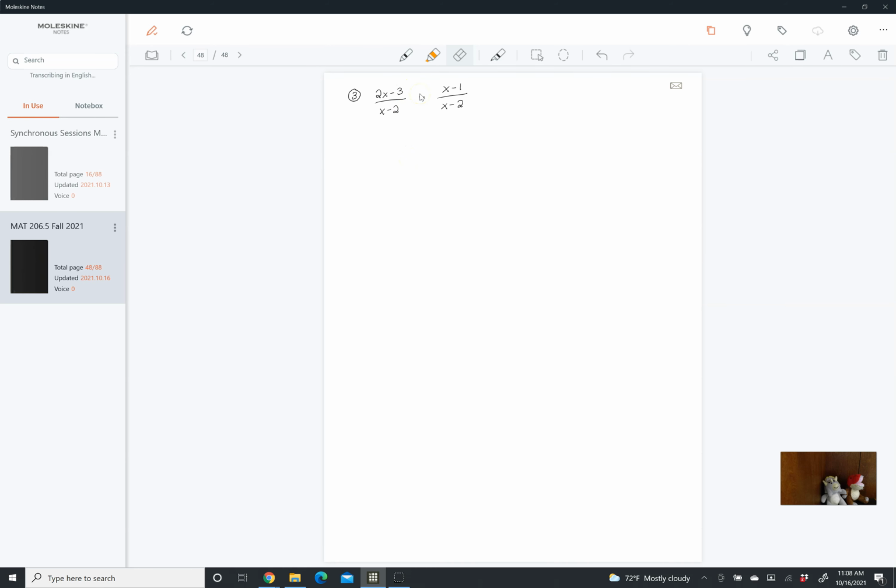We can just subtract. Okay, well, keep in mind when you subtract, this minus sign has to be distributed. So actually, let me write out an extra step here. You can include it, but you don't have to. Essentially, what you're doing here is you're doing 2x minus 3 minus x minus 1.